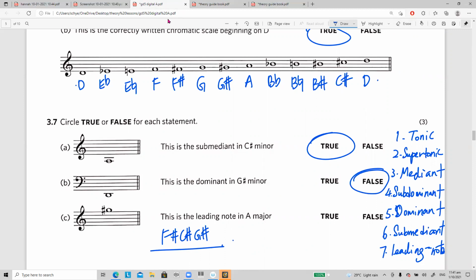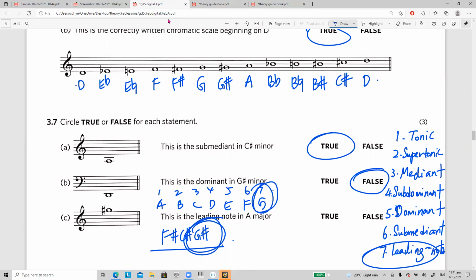The leading note in A major is the 7th note. So 1, 2, 3, 4, 5, 6, 7: A, B, C, D, E, F, G. The 7th note should be G, and the G has a sharp. It is correct. So from here, you know that the answer is true.